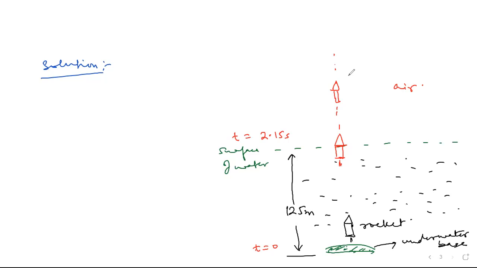Now, what plan we can use to attack this problem is to analyze the underwater portion of the motion to find the velocity when the rocket reaches the surface. And then we can treat that velocity as the initial velocity of the free fall portion, right? So these parts can be done separately as we are going to do them because the acceleration changes at the surface of water.